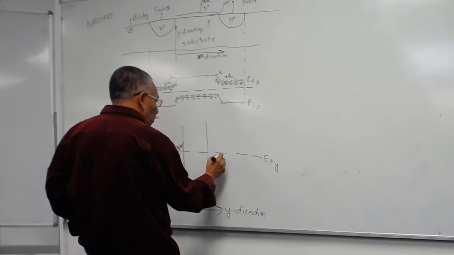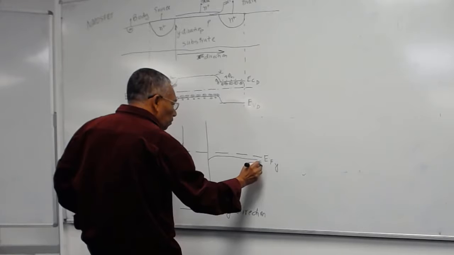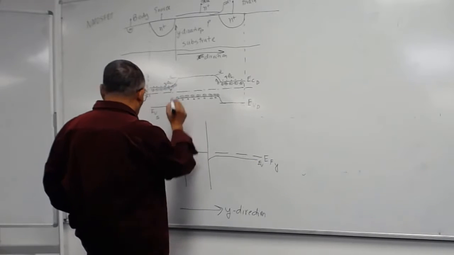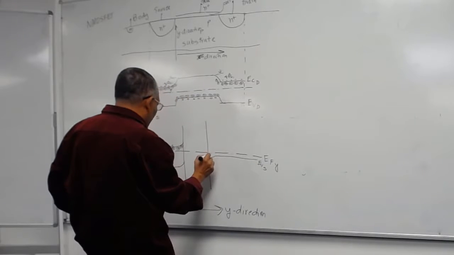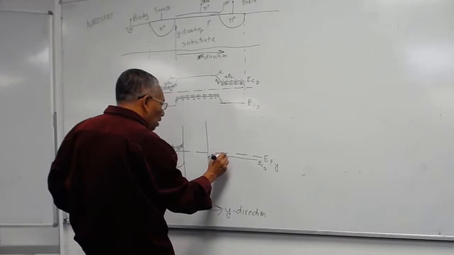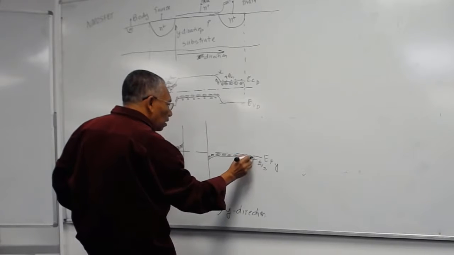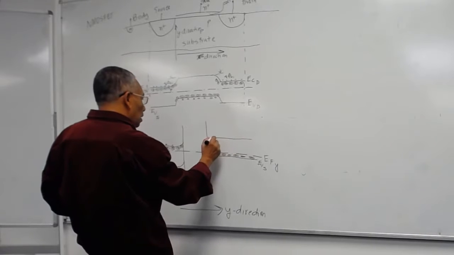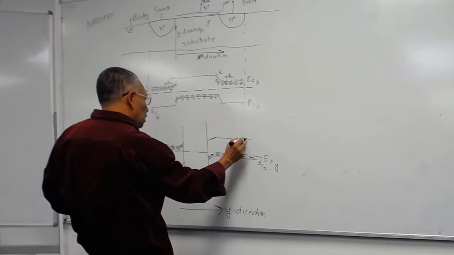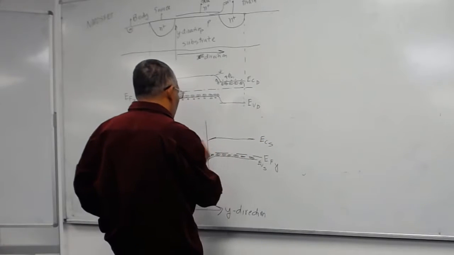So you draw like this. This is going to be your EV in the substrate. You will have your negative ions here, negative ions here, negative ions here. Take the same gap and put it here. This will be your EC in the substrate.